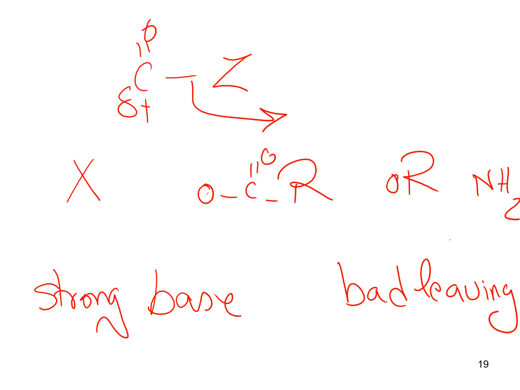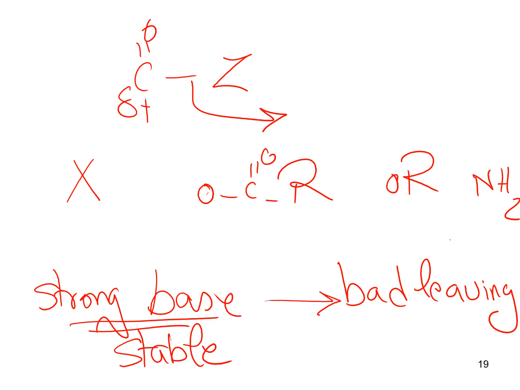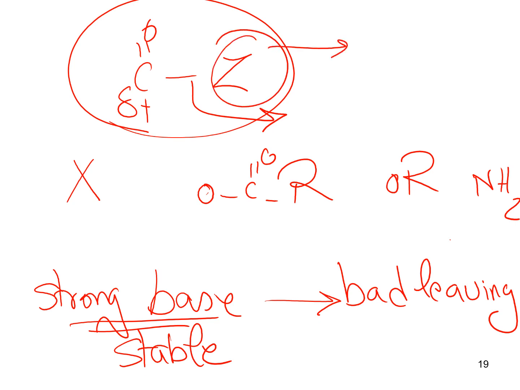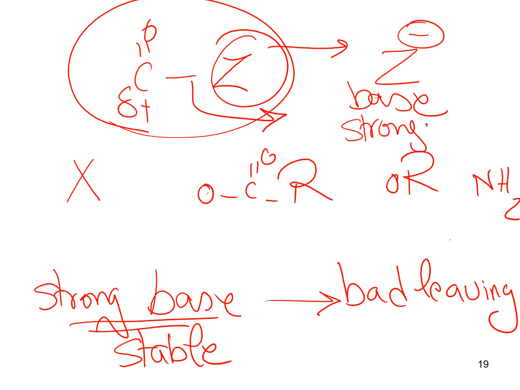This means that I am not stable as such. If I'm looking for a proton desperately, that means that I'm not stable. I need something to stabilize me. So if I'm not stable, then I'm not readily leaving. I'm not going to leave and be unstable. I'm already a part of a molecule and I'm stable. If I leave and I carry a charge and I become a base, if I am a strong base, then I am a bad leaving group.